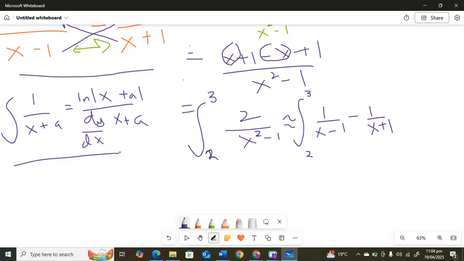But if the ones at the bottom had powers, for example to the power 2, and this one maybe to the power 3, then you can use substitution. Since substitution cannot be used here, you apply this law.